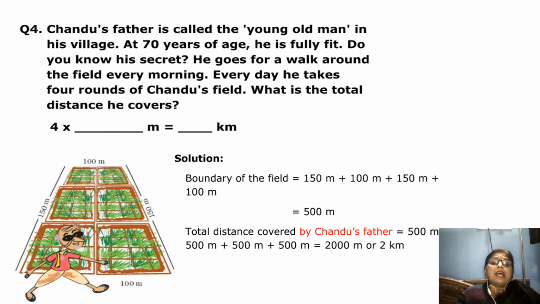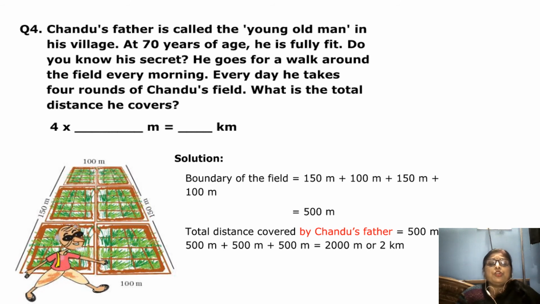It keeps us healthy, so we should walk every day. So he goes for a walk around Chandu's field every morning and he takes 4 rounds of that field. So you have to find out the total distance he is covering every day.